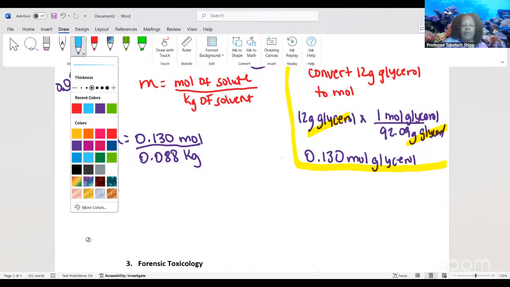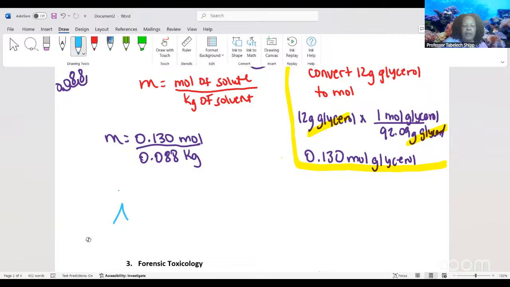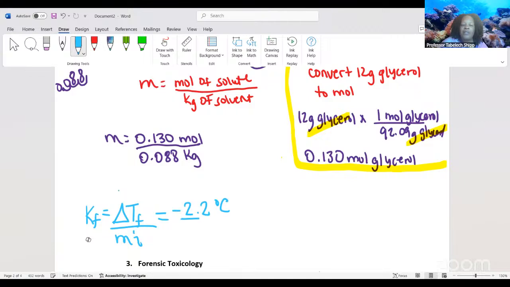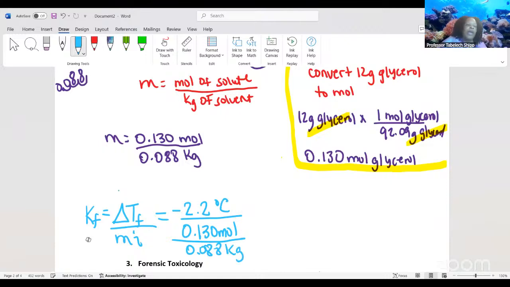So right here, K of F equals, and I'm just writing the formula back so you all will know where we're plugging in these numbers. Negative 2.2 degrees Celsius divided by, so on the very bottom, 0.130 moles per 0.088 kilograms, okay? And technically speaking, times 1. That's the Van't Hoff constant.